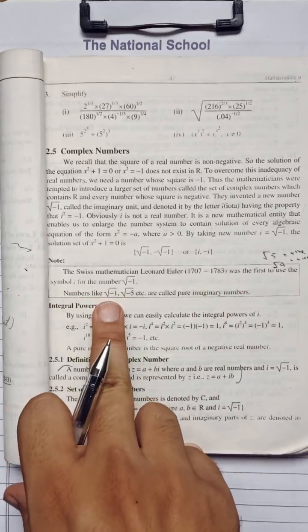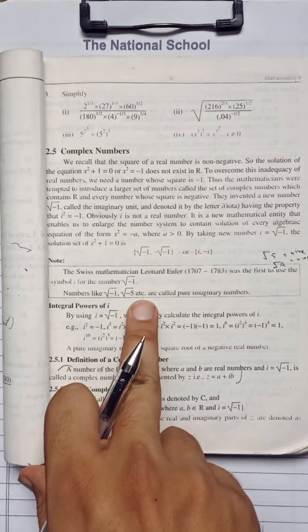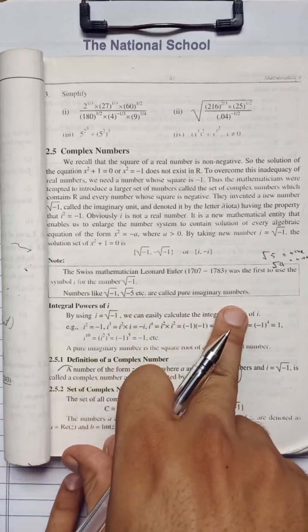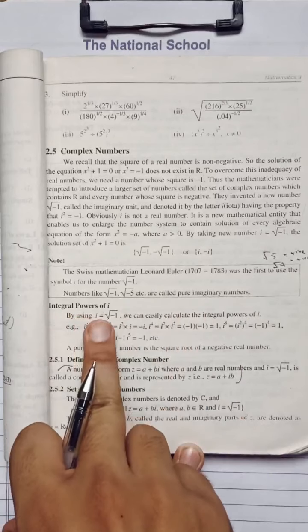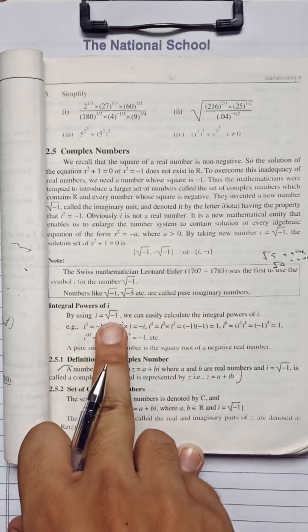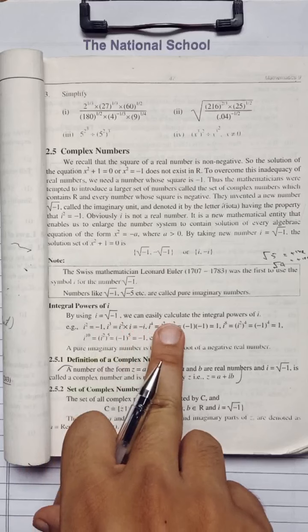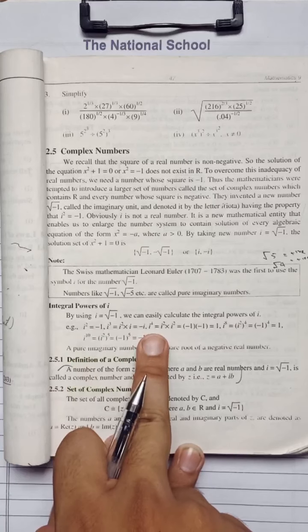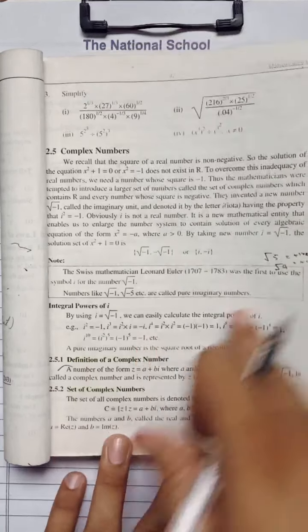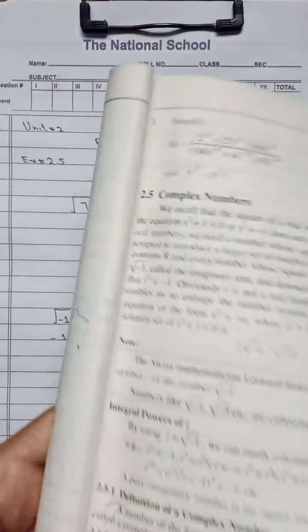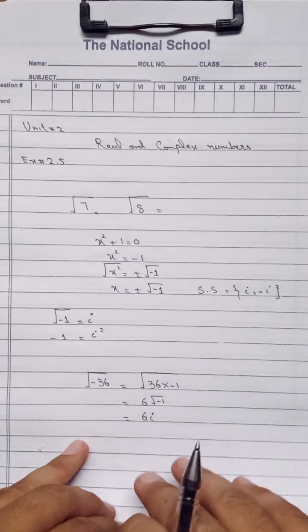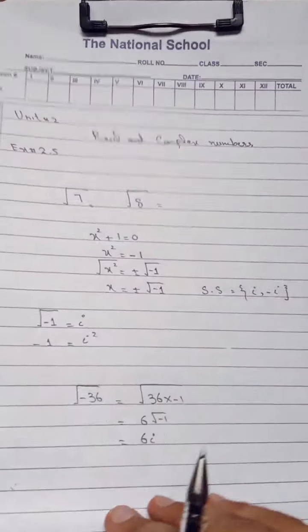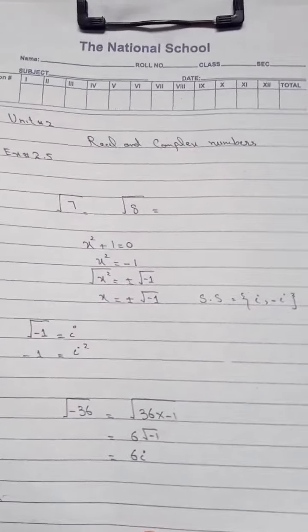Numbers like square root of minus 1 and square root of minus 5 are called pure imaginary numbers. Integral powers of iota: by using iota equal to square root of minus 1, we can easily calculate the integral powers of iota, such as iota square, iota cube, iota 4, iota 8 and iota power 10. This is an important thing I am going to describe, because we will use this result in exercise 2.5.